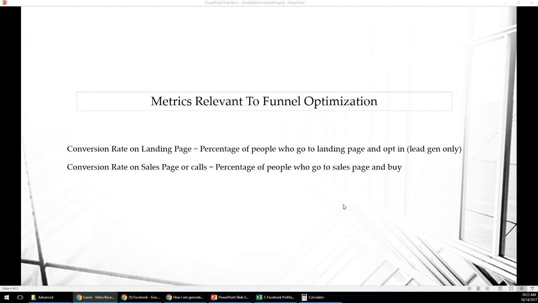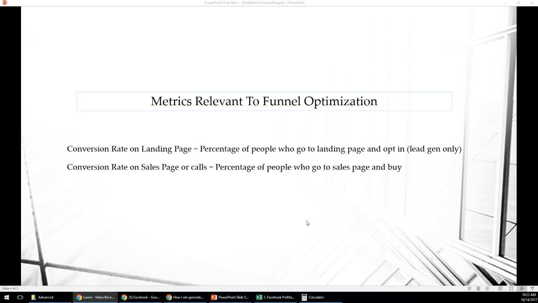2 other metrics that we mentioned are relevant to funnel optimization. So that means once we send someone from our ad to our landing page, how good our landing page is. Lower conversion rates, in the case of, let's say, lead gen.